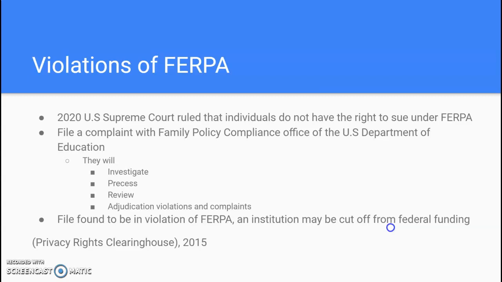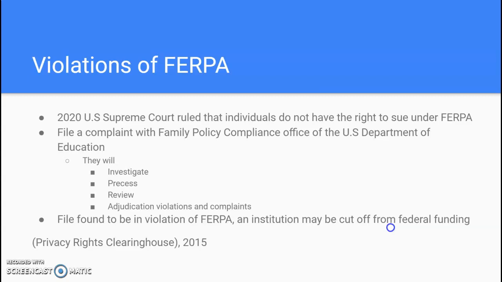So unfortunately, there have been violations of FERPA. In 2020, the U.S. Supreme Court ruled that individuals do not have the right to sue under FERPA, however, if they feel that their rights have been violated. Instead, they must file a complaint with the Family Policy Compliance Office of the U.S. Department of Education.